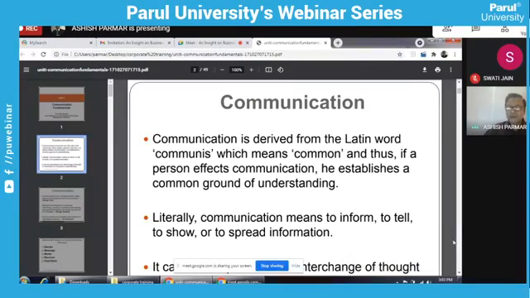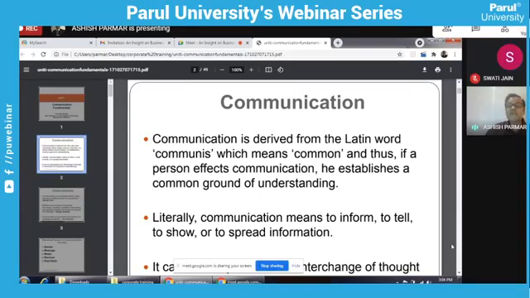Communication. What is communication? The word has derived from a Latin word originally, that is communis. That word means common, and thus, if a person effects communication, he establishes a common ground of understanding. So the root word is communis, which means common, and connecting, commonly connecting people.